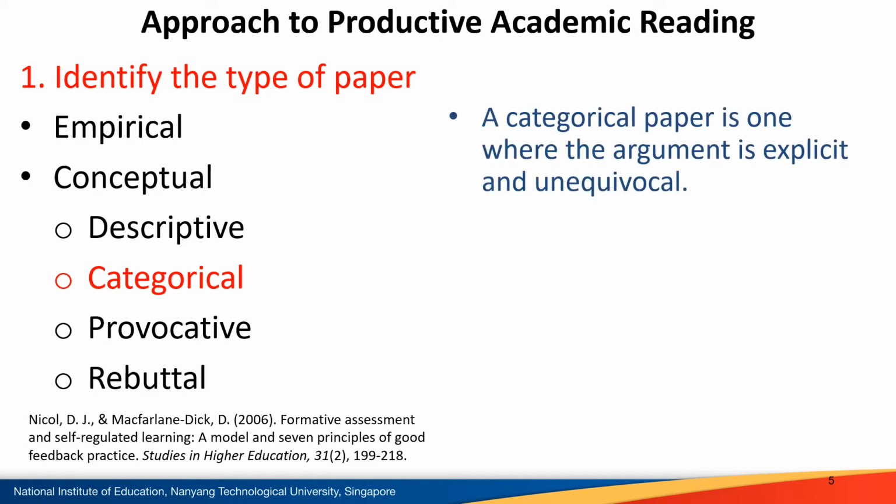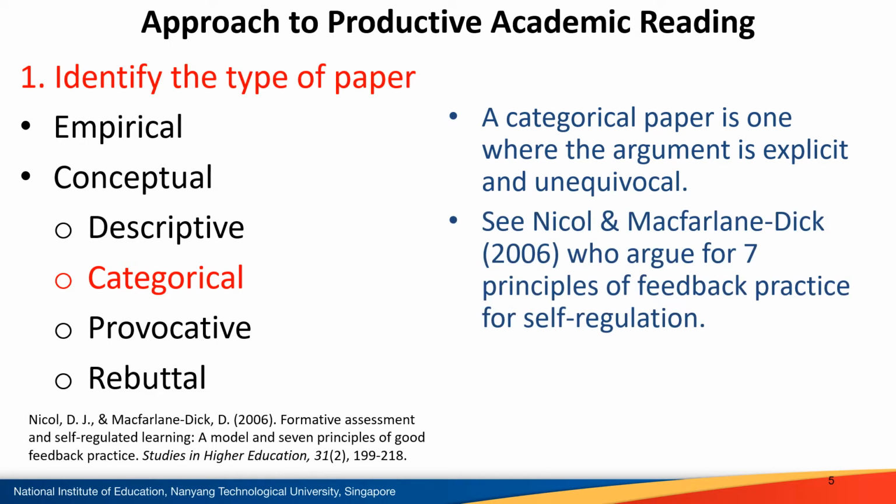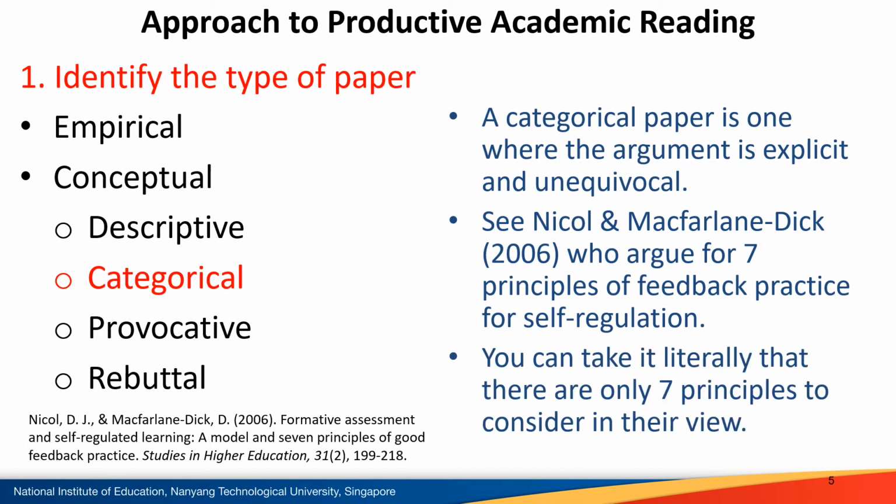So this is an example of a categorical paper, whereby the argument is explicit and unambiguous. Here, the authors argue for seven principles of feedback practice for self-regulation, and you can take it literally that from their point of view, there are only seven principles.